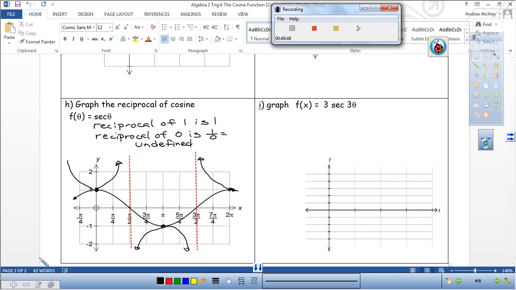Okay, let's graph the next one. So this is 3 times secant of 3 theta. We're going to graph 3 cosine of 3 theta first.